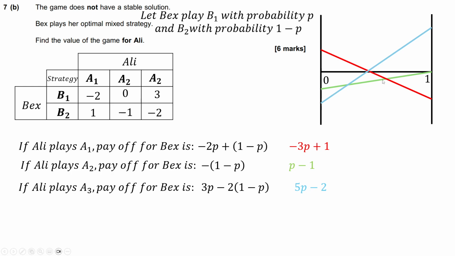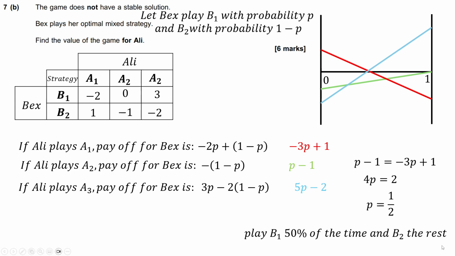So we set this equation and this equation equal to each other. You'll get 4p equals 2, so p equals a half, and that means Bex should play B1 with a probability of a half, and B2 therefore with a probability of a half, i.e. the rest of the time.